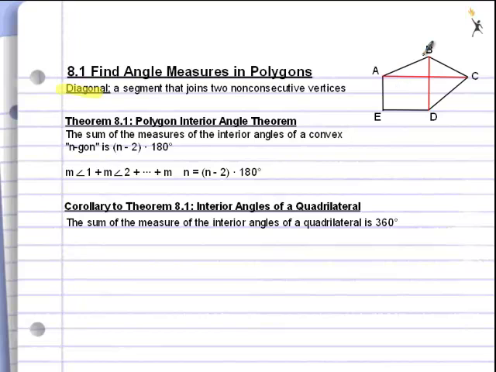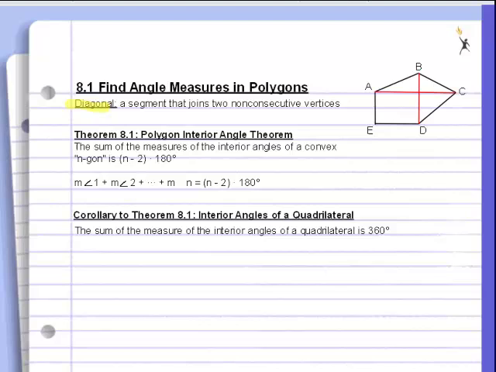If you take any 2 angles and you connect them with a line segment, let's say you take B and E, and you draw a line segment there. That is called a diagonal. Let's say that you take D and A, and you go from A to D, or D to A. That is also a diagonal. And again, a diagonal is just a segment that joins 2 angles.